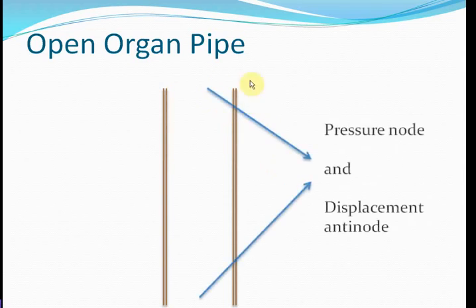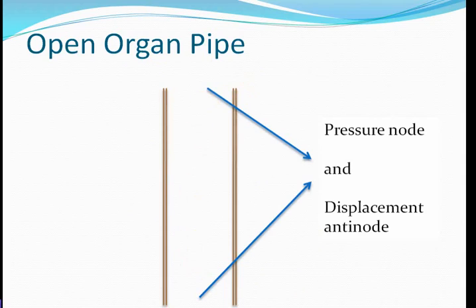So this end will be a pressure node, and this end will also be a pressure node in the case of an open organ pipe, because the pressure here and here will be constant, equal to the atmospheric pressure, delta P0. And clearly, pressure nodes will always be displacement antinodes. So our only condition here is that both the ends will be pressure nodes and displacement antinodes.